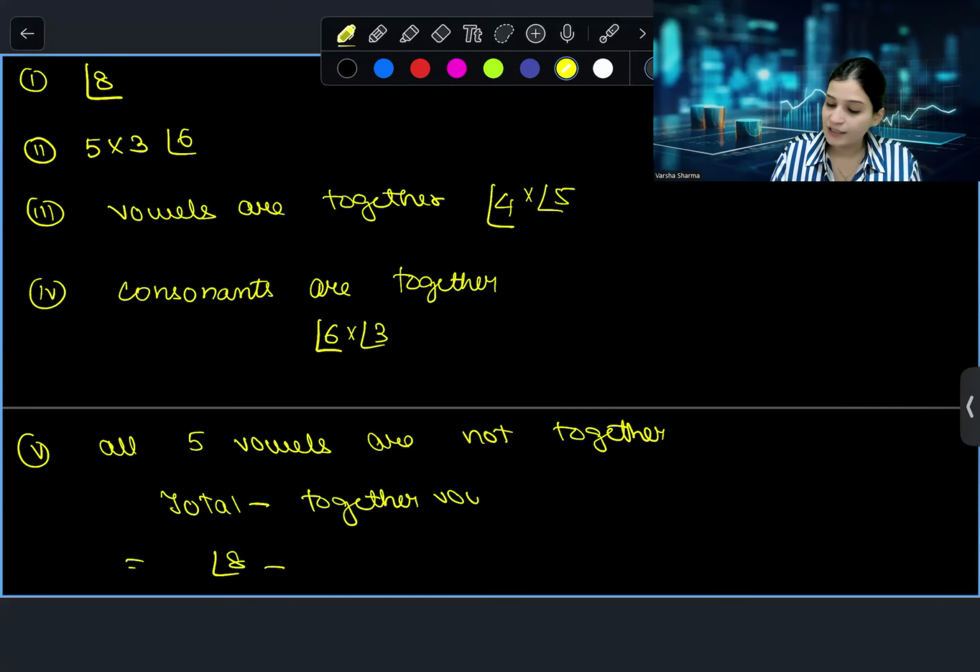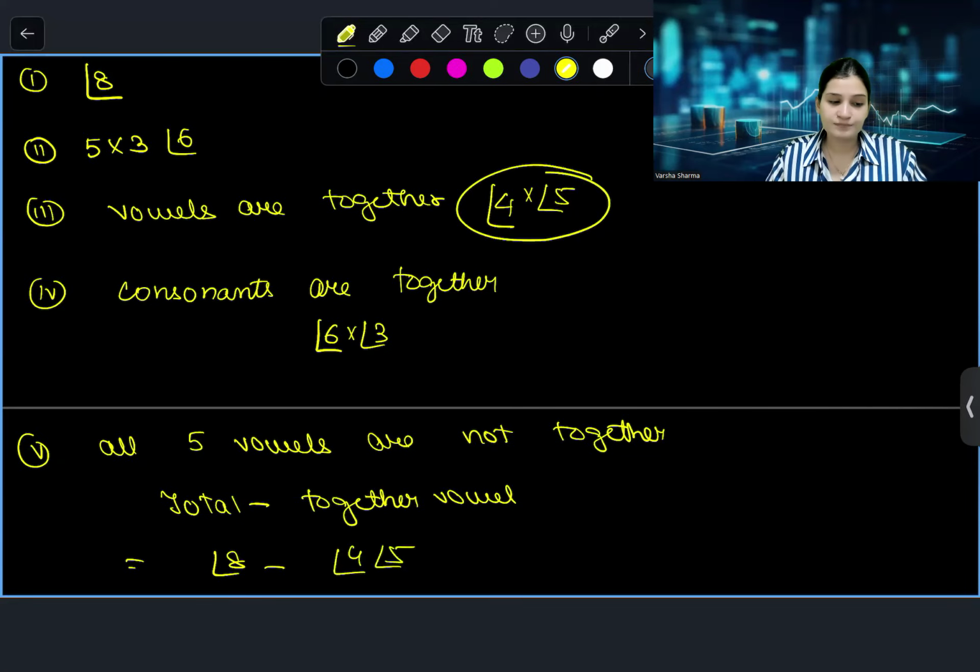Together means vowels together. This is what I had a problem with. So vowels together was how much? Factorial 4 into factorial 5. Clear? All of you clear?